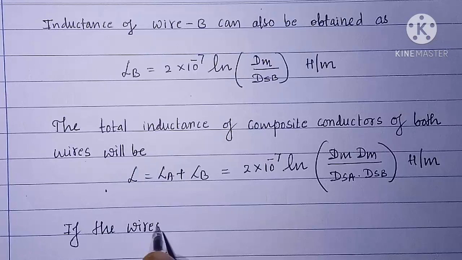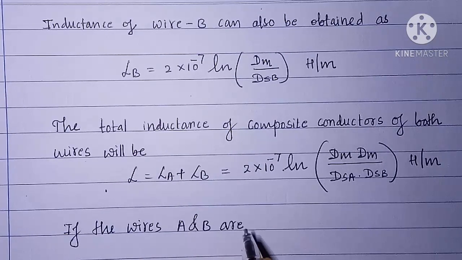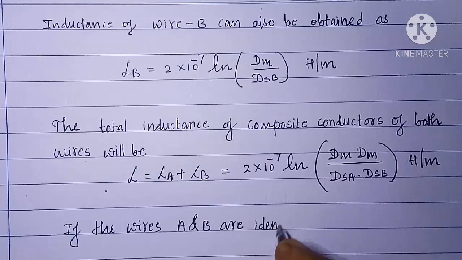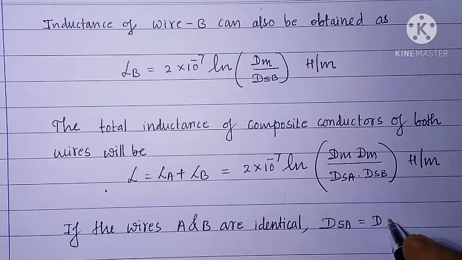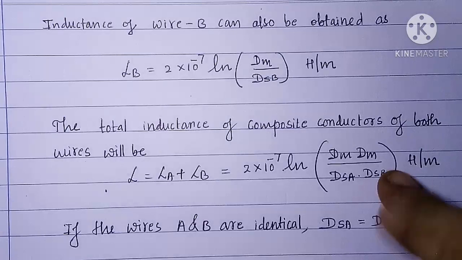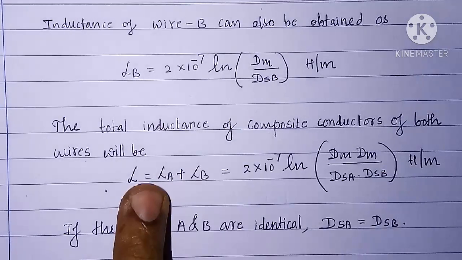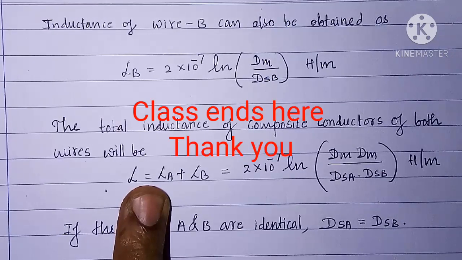If the wires A and B are identical, then DSA will be equal to DSB. This substitution we will have to make here to calculate total inductance of composite conductors.